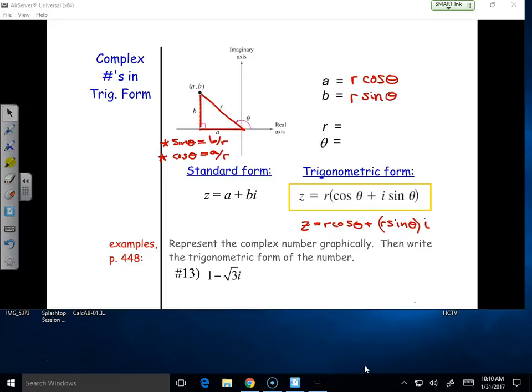R is easy, you have a and b, no big deal, we already talked about it. And theta is not too bad either, because we have opposite and adjacent, so we can just use tangent inverse to solve. So even though this formula does look new, z just stands for a complex number. The math is actually the same, it's just the view.